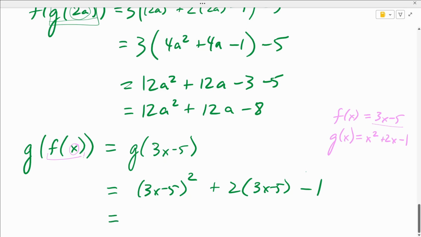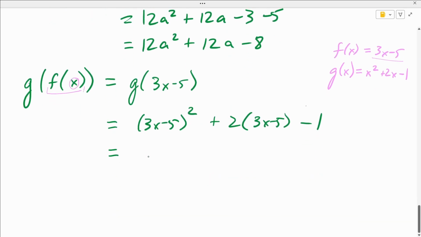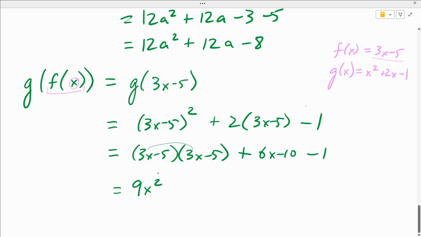Right? This now is a binomial squared. Heck, we could even use the binomial theorem, but that would be overkill. So I'm going to go a little slowly just to remind us all here. We have 3x minus 5 onto 3x minus 5. I'll do this part here. That's 6x minus 10 minus 1. And here we have 3x times 3x is 9x squared. 3x times negative 5, we could think of it as negative 15x, minus another 15x, plus 25.